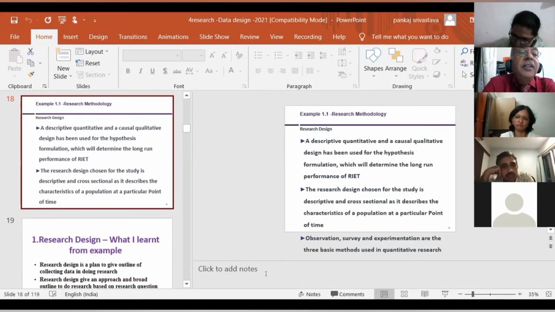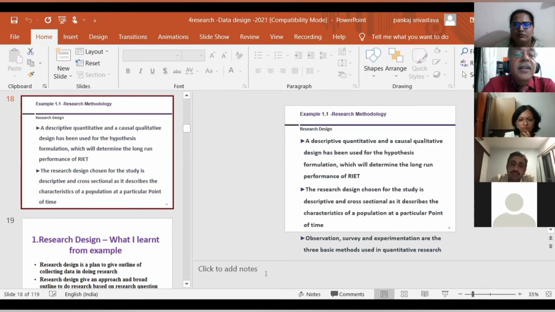See what he had written: a descriptive, quantitative and causal qualitative design has been used for the hypothesis formulation, which will determine the long run performance of REITs. The research design chosen for the study is descriptive and cross-sectional as it describes the characteristics of a population at a particular point of time. So this is how research design is written.